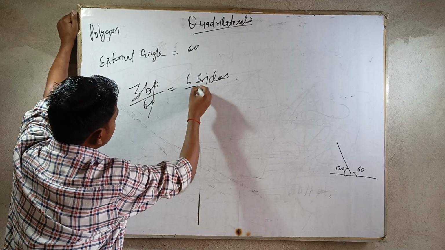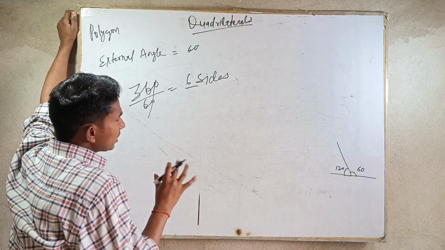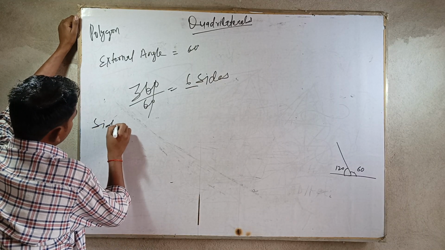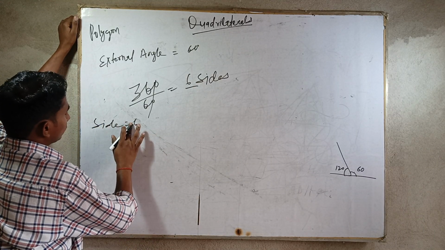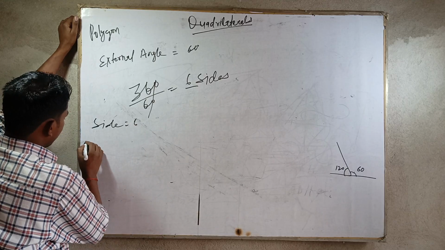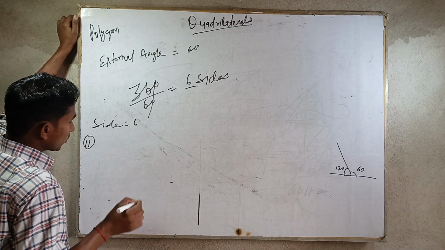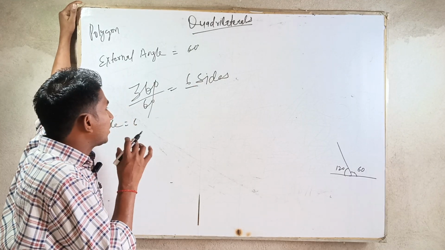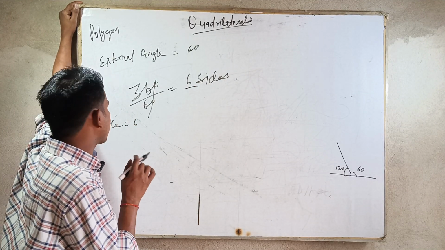Next, if it has 6 sides, then the value of n is 6. And next, in this question it is also asked to find the sum of the internal angles.